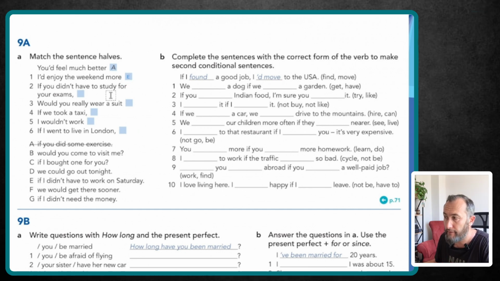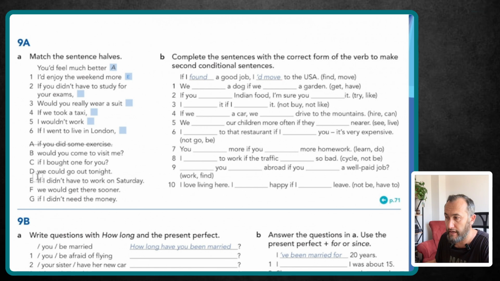2. If you didn't have to study for your exams, so this is the if part, so I need to select would. Would you come to visit me? We could go out tonight. We would get there sooner. If you didn't have to study for your exams, would you come to visit? No, it's about London.